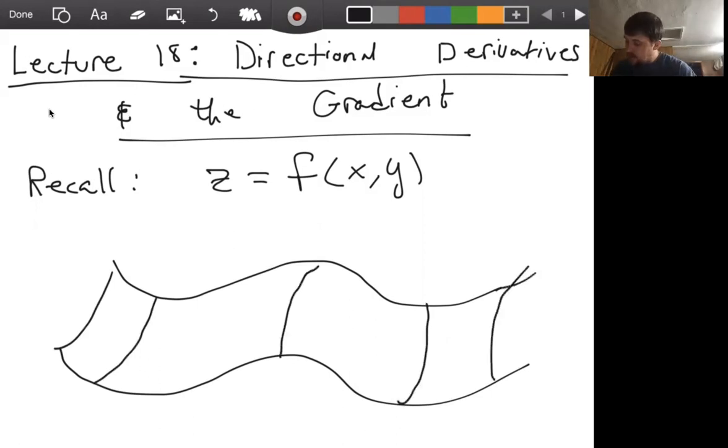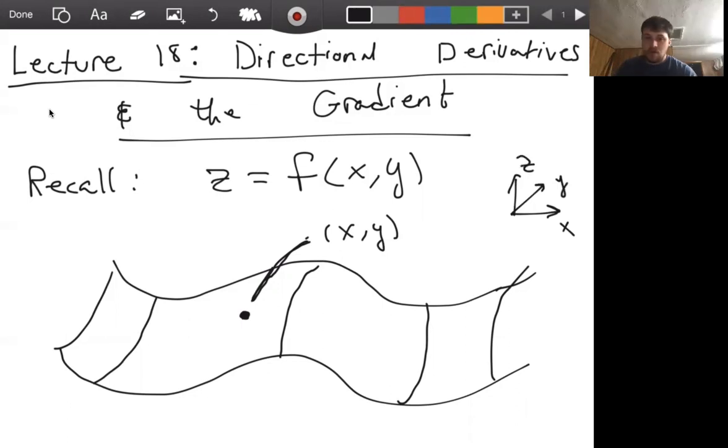Say we have something like this. Right. And we take a point on the surface, say x, y. Then, here, let me give us a coordinate system. We'll think of our coordinate system as described over here.